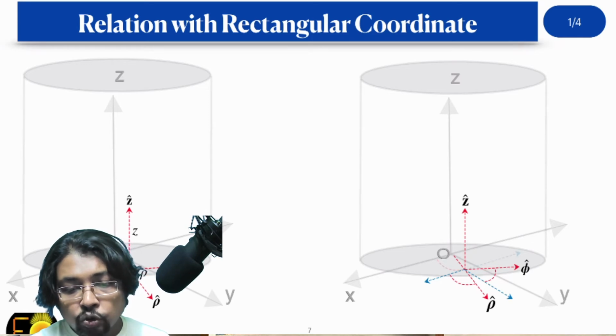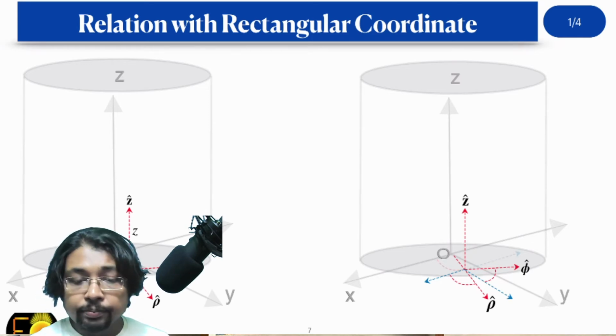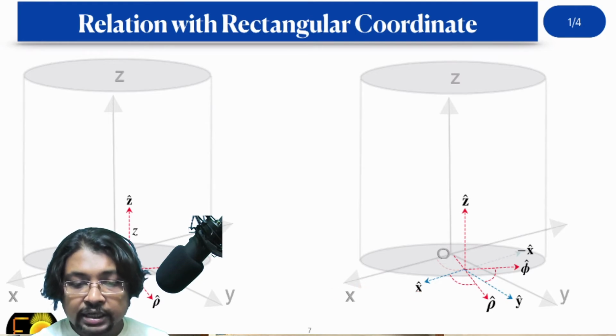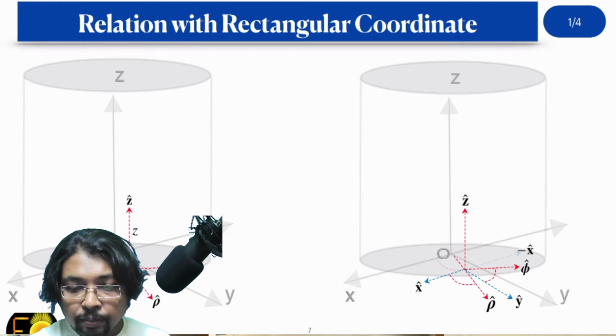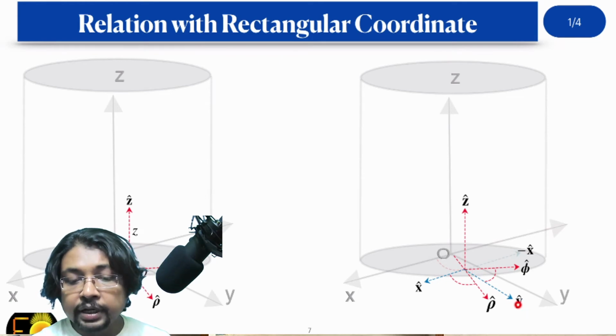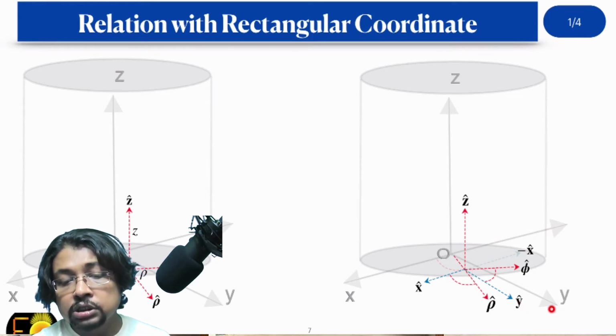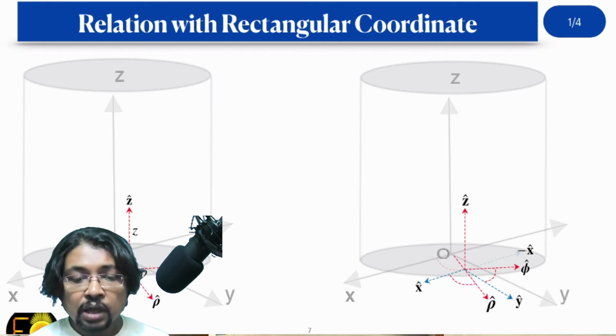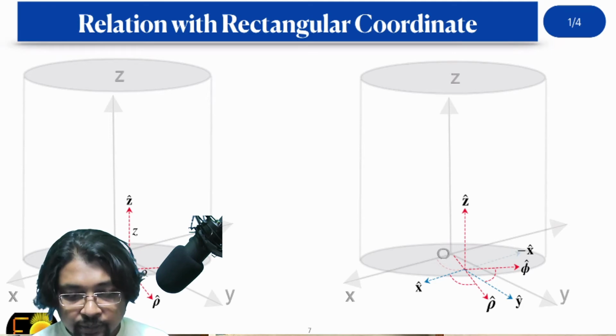So this was the rho cap, phi cap and z cap. Now, this direction is the x cap direction, that means the original x direction. This one is the minus x cap direction, that is the original minus x cap direction. And this is the positive y cap direction, which is parallel to the original y direction, because this is the representation of the Cartesian coordinate system at this particular point I have drawn to make the comparison.